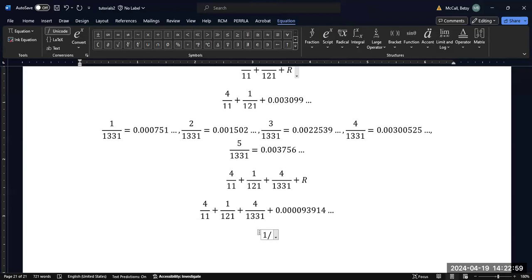So 1 over 14,641 is 0.1234683... And 2 over 14,641 is 0.1231366... And so we just need the 1.